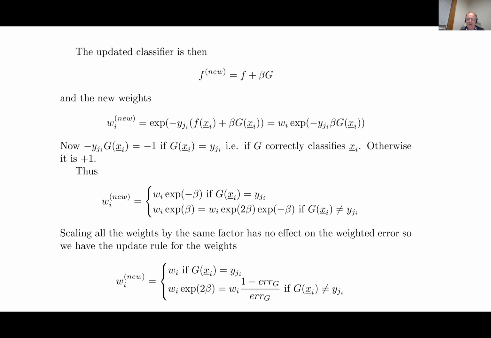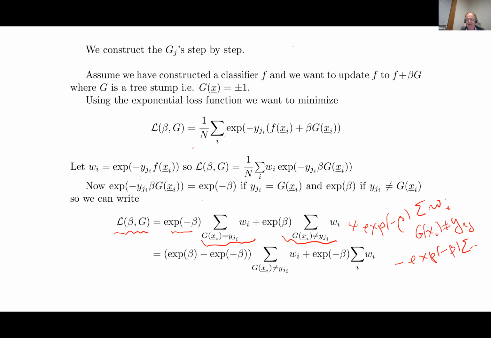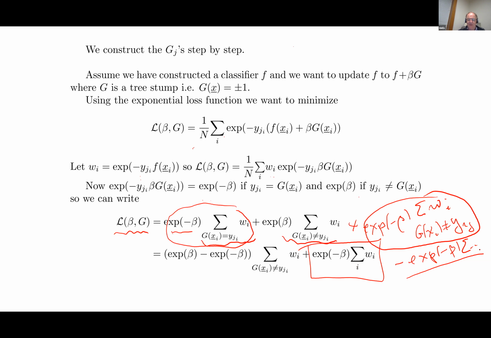And when I do this, all that happens is that I can take these exp of minus beta and exp of minus beta times the sum of all the weights, so I get from this plus this, I get exp of minus beta times the sum of all the weights, and then I have a minus exp of minus beta over the correctly classified ones, or the incorrectly classified ones, and I can put that up here.